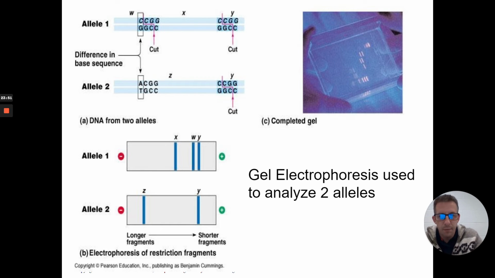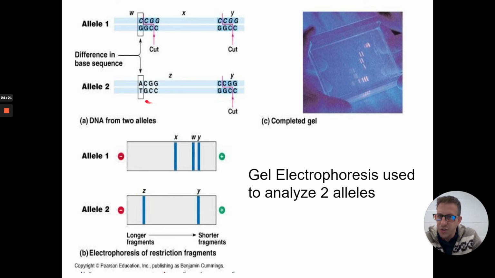But gel electrophoresis can analyze two different alleles because depending on what allele you have, you will probably have a different set of A's, T's, C's, and G's. So when you're looking at an allele like, for instance, this one, allele 1 has a specific DNA sequence, CCGG here and then CCGG here, and a restriction enzyme is going to cut between the C's and the G's and basically make a certain amount of chunks.